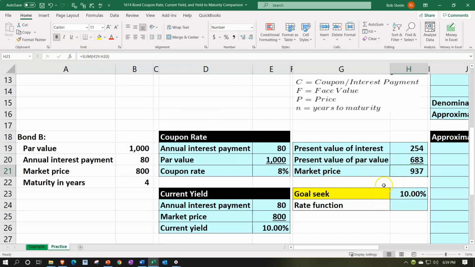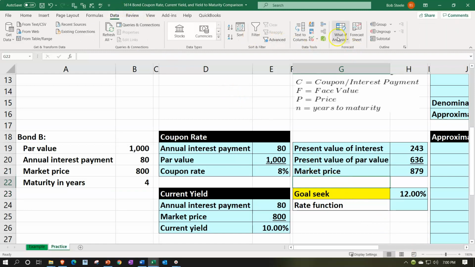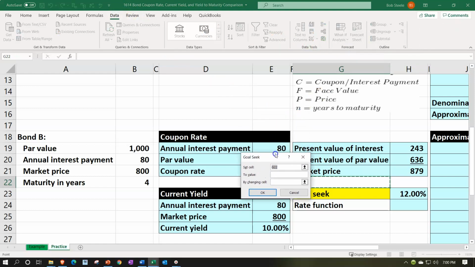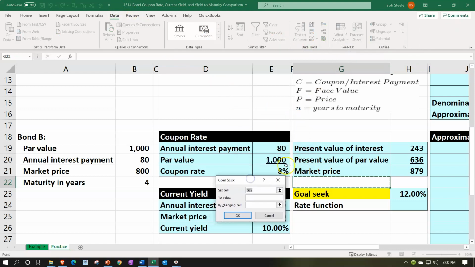Now we know what that should be. It should be 800. We want to change this interest rate to be whatever it needs to be to make that 800. We could do that manually by changing it to like 12% and so on, or we can use the goal seek feature. So let's goal seek it by going to the data tab up top, forecast, what-if analysis, and then goal seek. What is the goal which you seek?